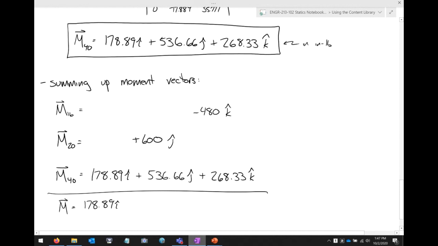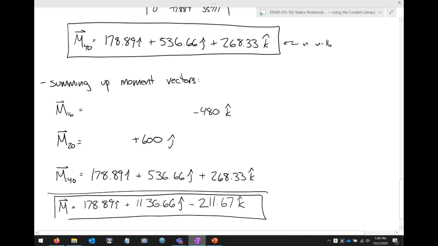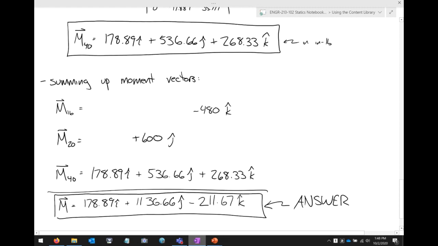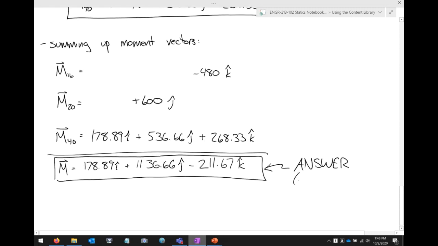The J's, add that up, and I get 1136.66J. And then for the K's, I get minus 211.67K. And so the idea is I can take that entire system and represent it as just that single vector.